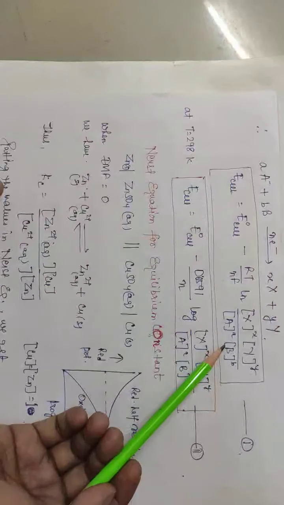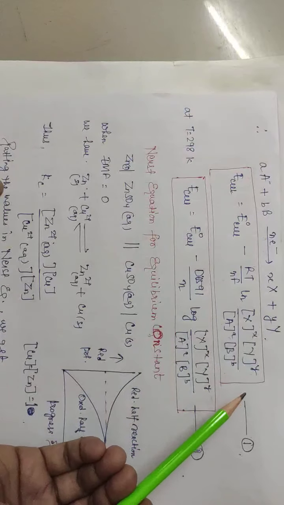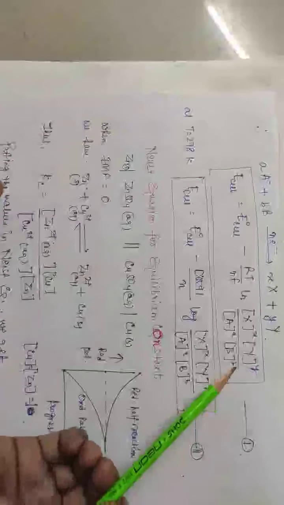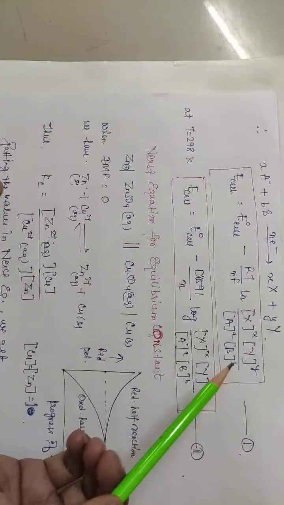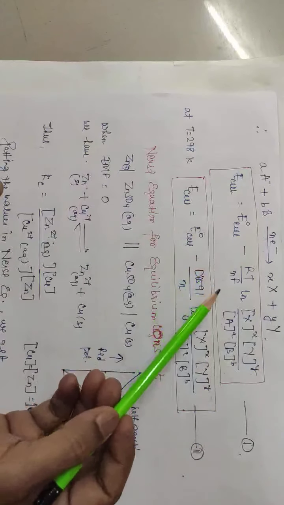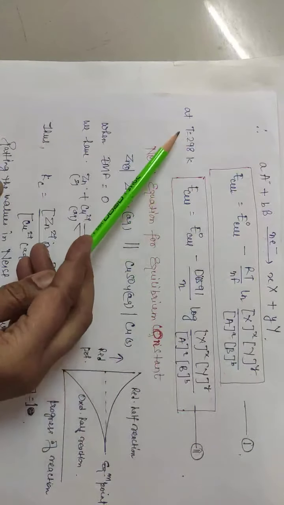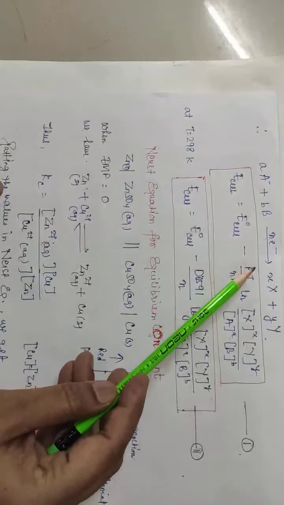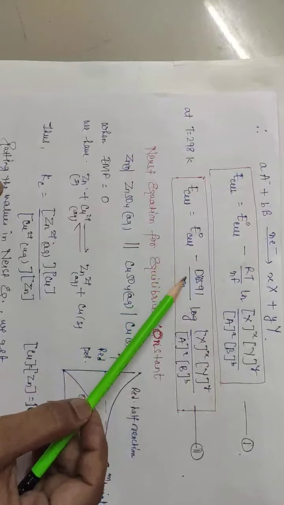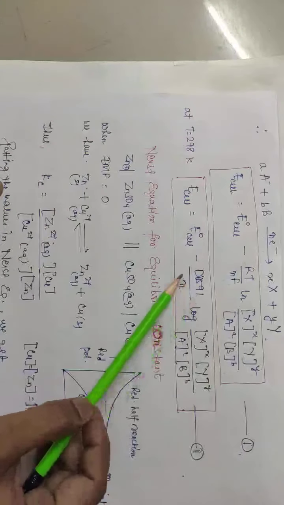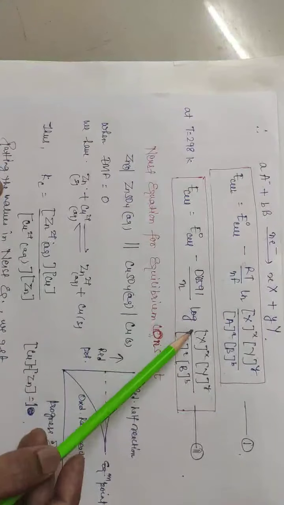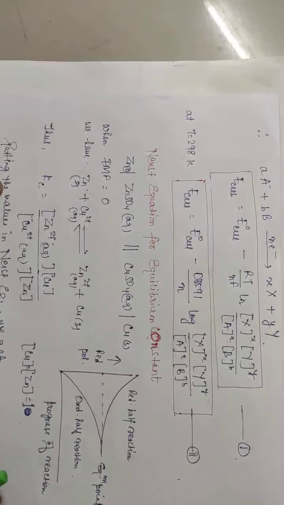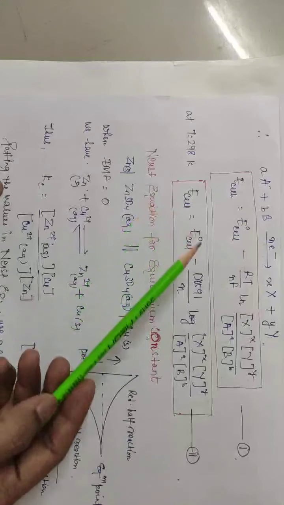This is similar to how you write equilibrium constants in an equilibrium reaction. This equation you have to remember. If T is 298 Kelvin, again putting the values of R, T and F, we have 0.059 upon n, and log of course this upon this. This is the general equation for writing the EMF of a cell.